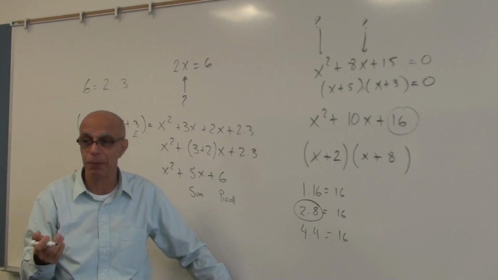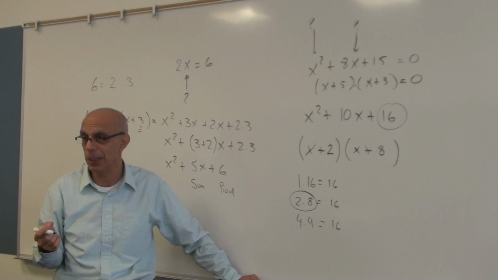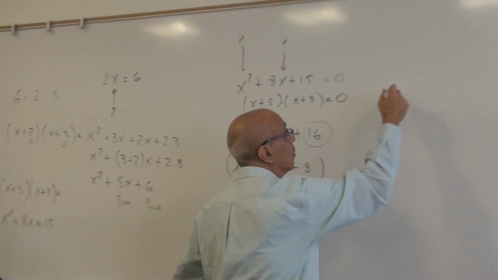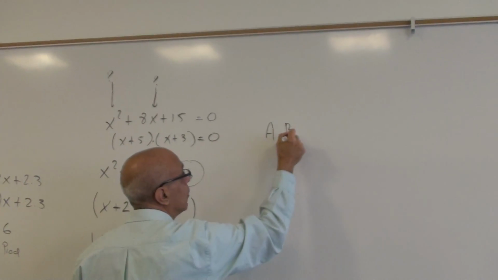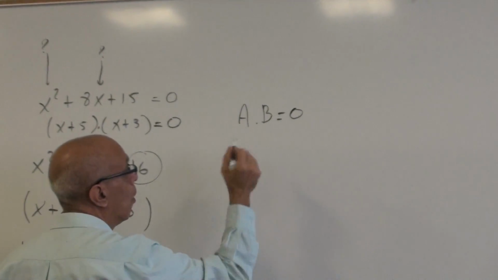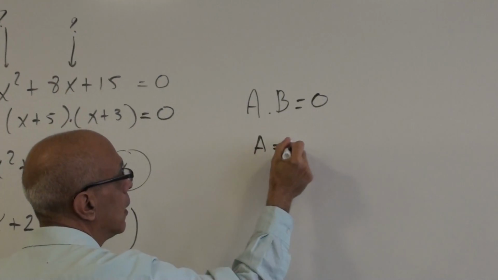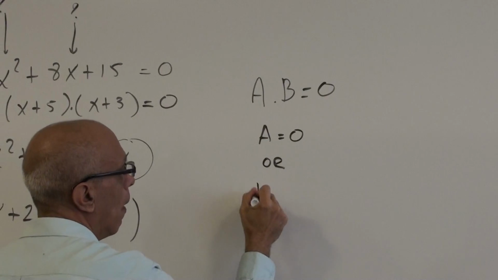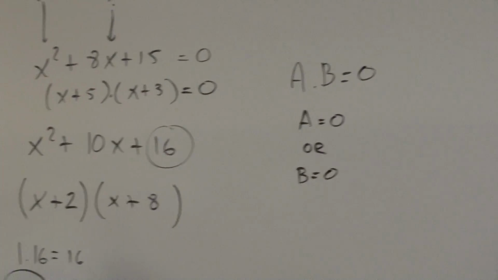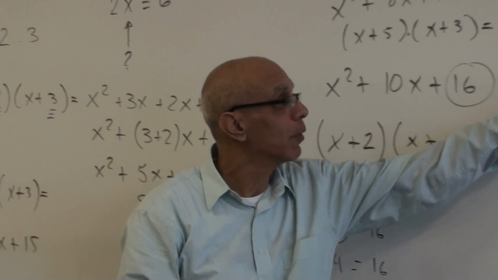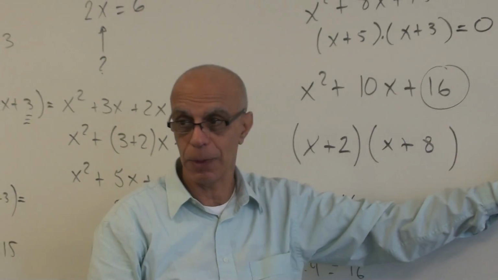At least one of them needs to be 0, right? Isn't that true? It's a property. A product of A times B is equal to 0 only if A is equal to 0 or B is equal to 0. Okay? A equal to 0 or B equal to 0.